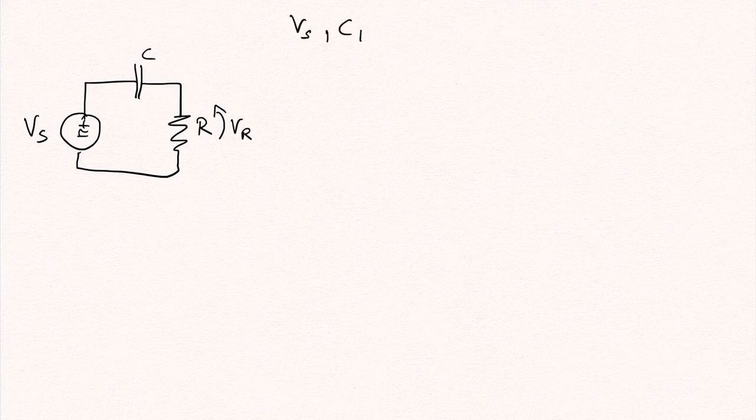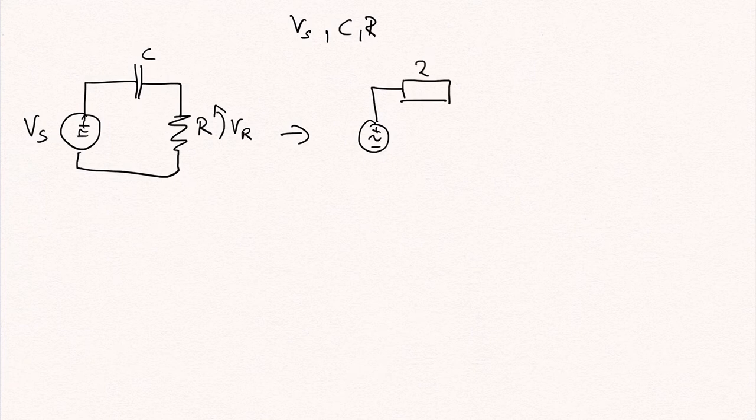We're given C and R. The first step is to transform this circuit into a circuit with complex impedances. We substitute C by the impedance ZC, which is 1 divided by j omega C. And we substitute R by the complex impedance ZR, which is equal to R.